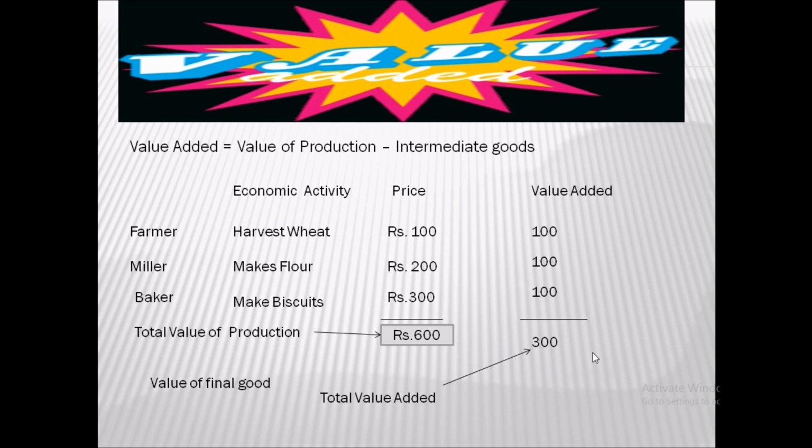So you can see that the value added and the value of the final goods are the same here. So while calculating GDP based on the value added approach, in order to avoid double counting, you take either the value of the final goods or the total value added.